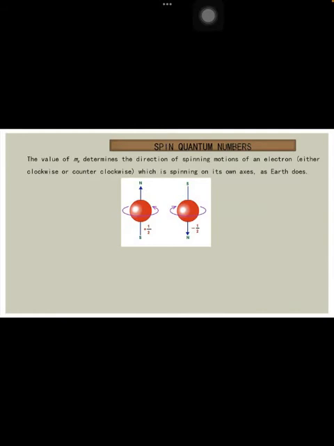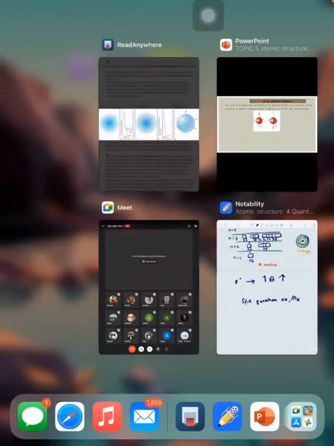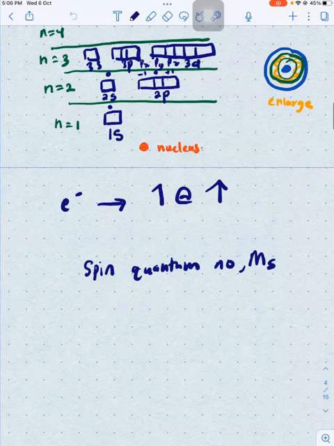So elektron kita ni sama ada berpusing arah lawan jam ataupun ikut arah jam, clockwise or counterclockwise.